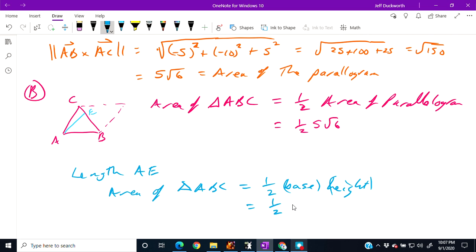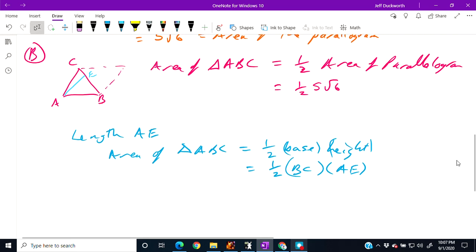The base is going to be the distance BC, multiplied by the height, which is AE, and we're looking for AE. Now we have the area of the triangle. We just calculated that. So this is going to be equal to 5√6/2. That's what this area is.